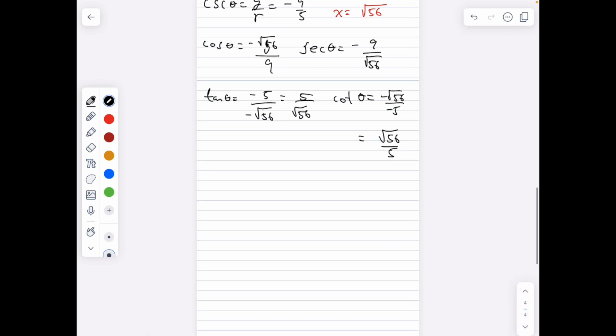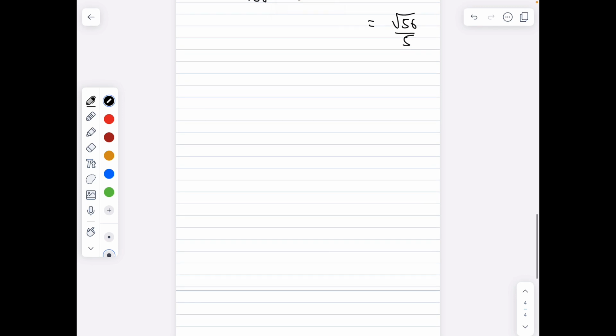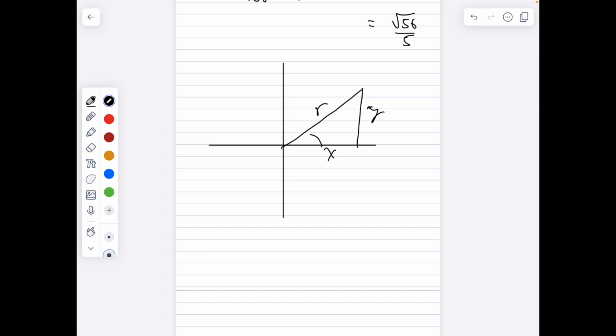And real quick, I just wanted to show what the triangles look like if you drew them in other quadrants. In quadrant 1, your angle is just going to look like this. That's r, this is y, this is x. If it's in quadrant 2, your triangle would look like this: r, x, and y.